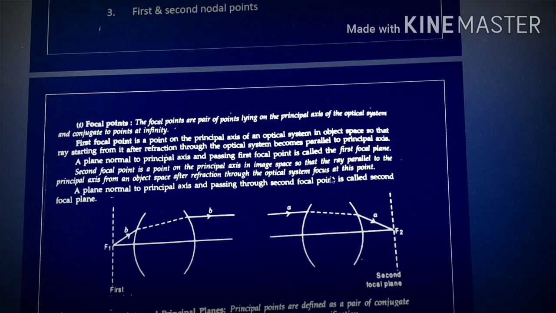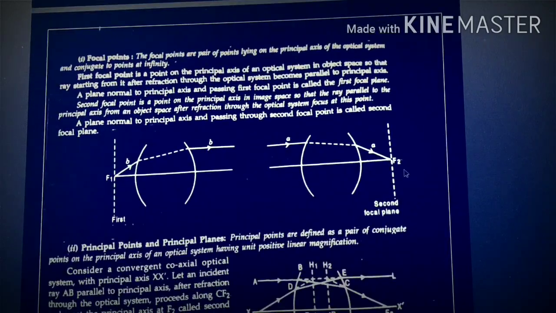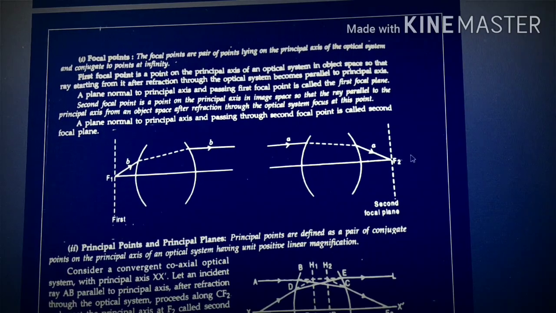So what is the definition of the second focal plane? This plane passes through the second focal point, and it is perpendicular or normal to the optical axis. Then it is known as the second focal plane.